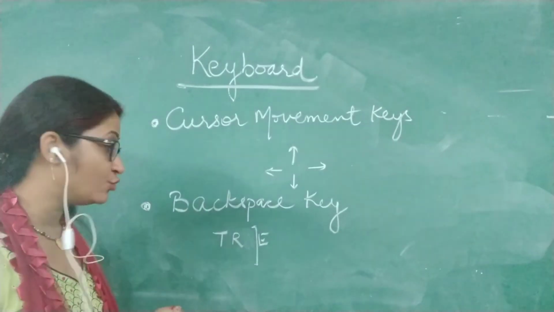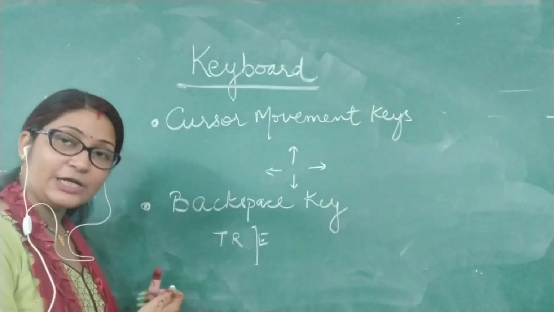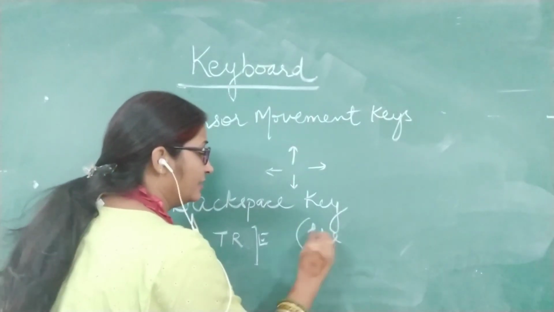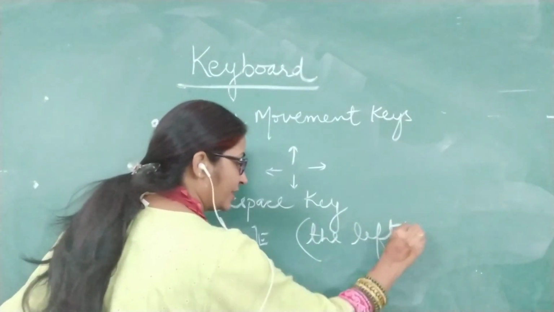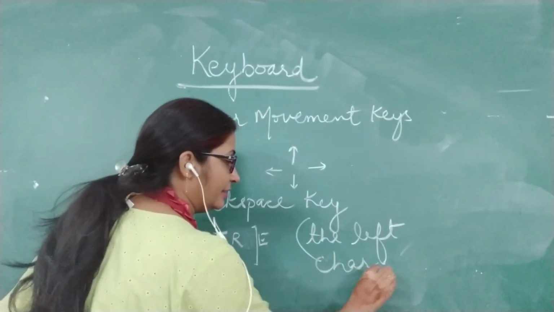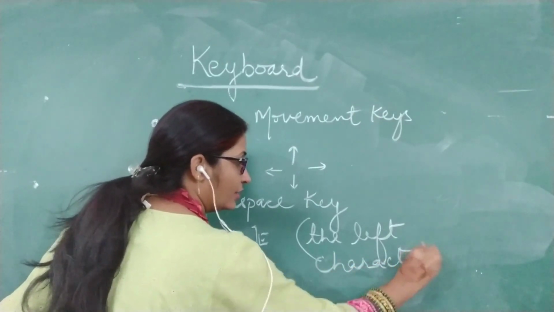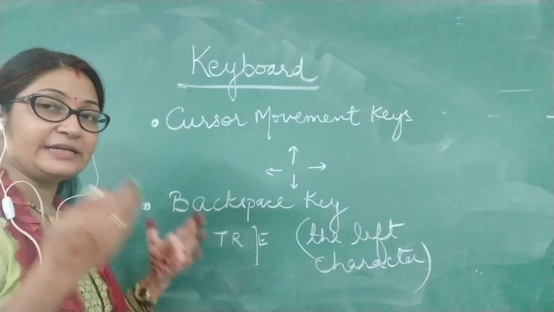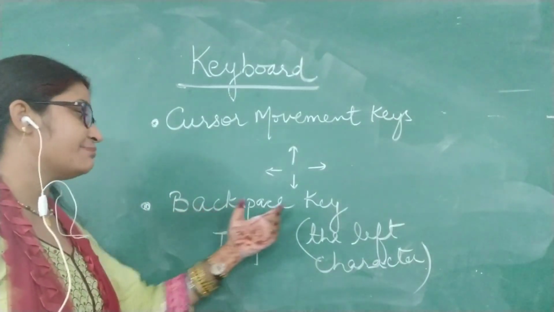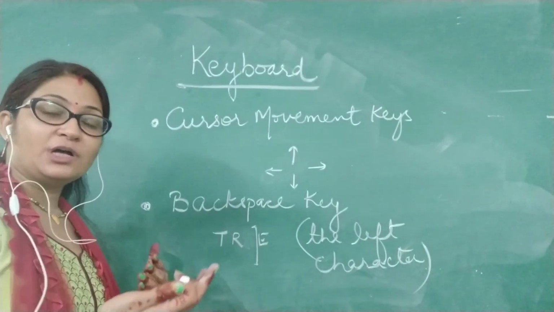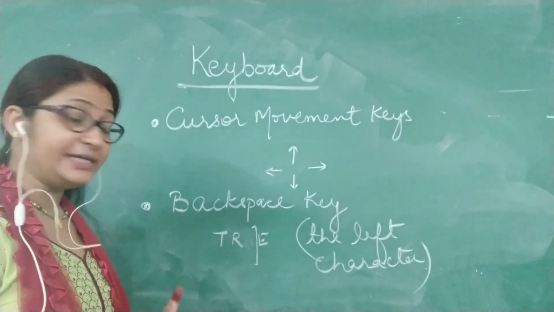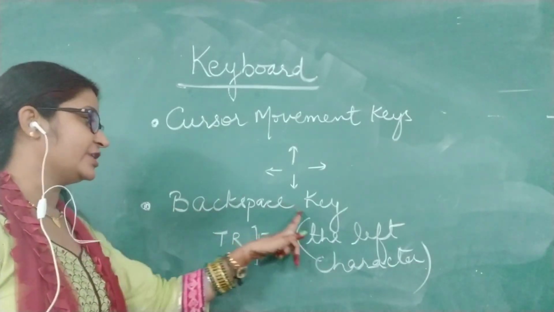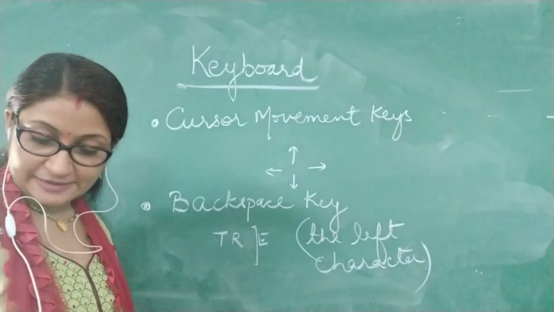What exactly is it doing? It erases the left character towards the cursor. So by the name you can keep it in mind that if you have to erase at the back side, you will press the backspace key.